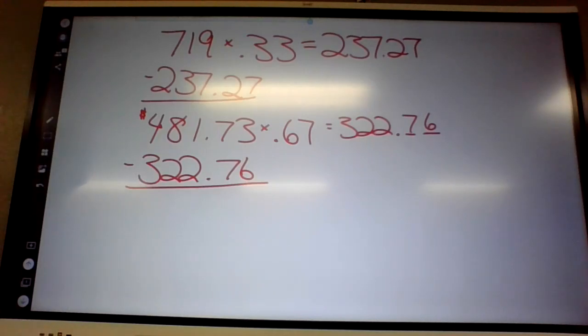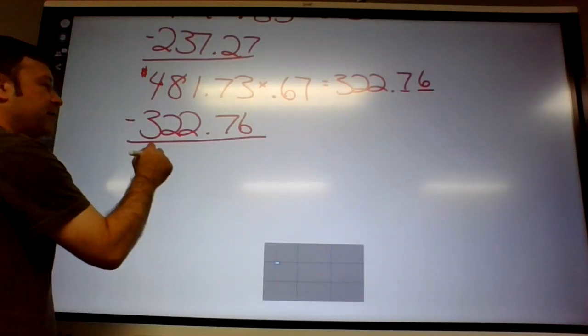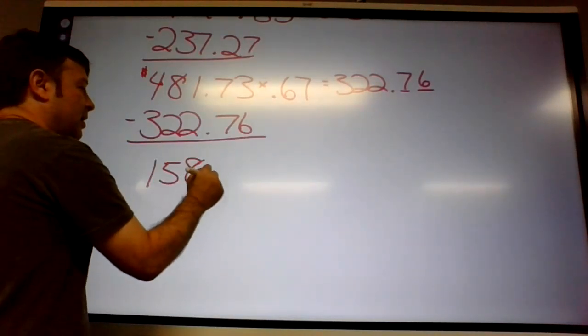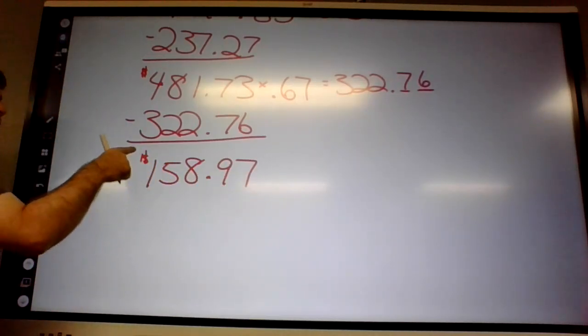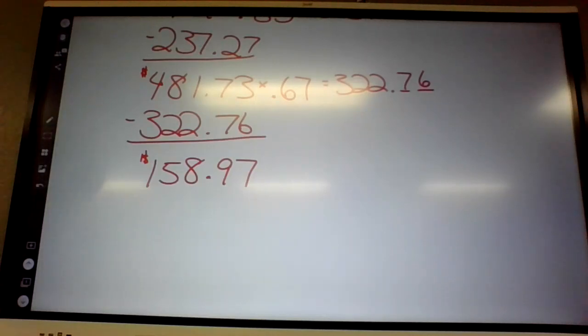That's negative 158.97. Well, it's not negative. If you subtract backwards, you get the same value, but it's negative. The next digit is 0, so 158.97.